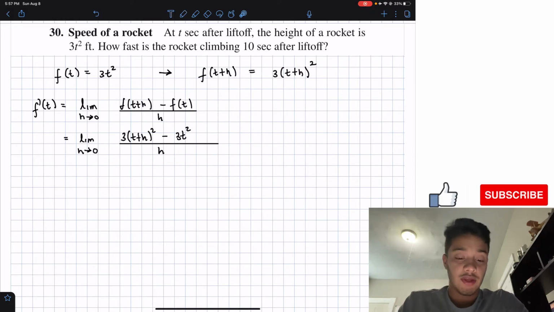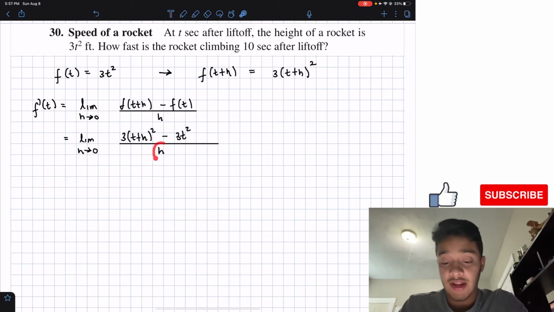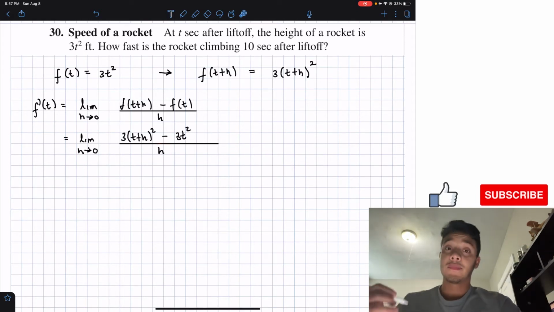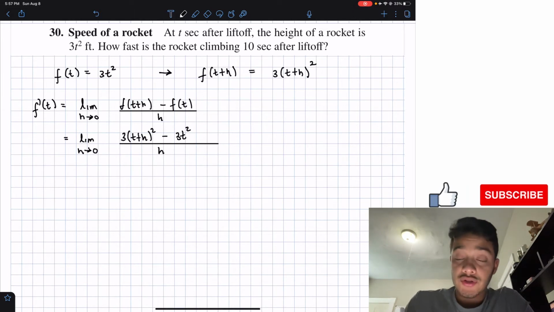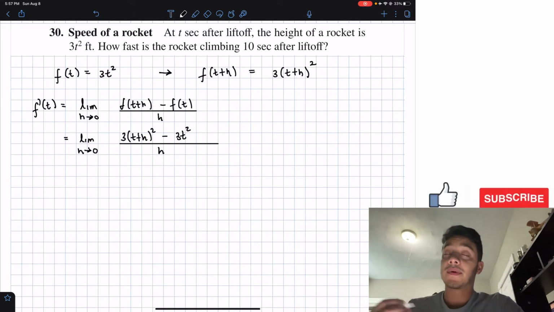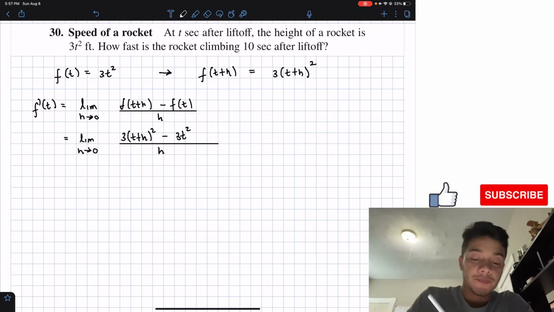The problem is that we cannot replace our h with 0. We have an h in our denominator, and if we put a 0 in our denominator, then we cannot calculate it, and this is basically just an error, right? So let's try to solve this algebraically in order to get rid of this h in our denominator.